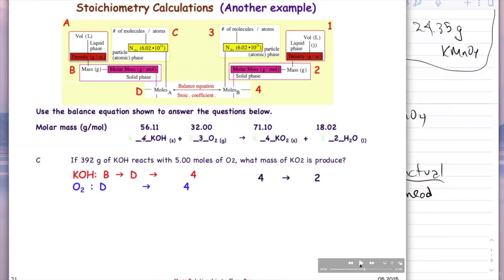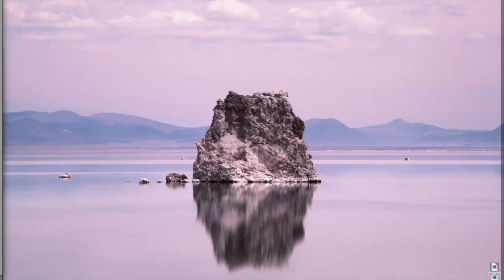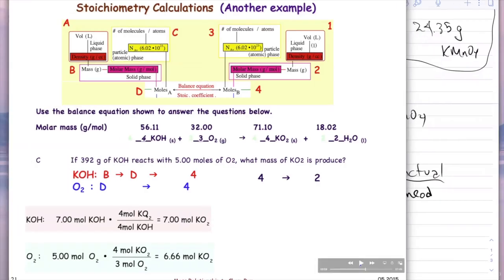Okay, so here it is. The path is B to D, D to 4. And then for oxygen, it's D to 4. Here you can see my calculation: 7 moles give you 7, 5 moles give you 6. Now we know the limiting reagent.